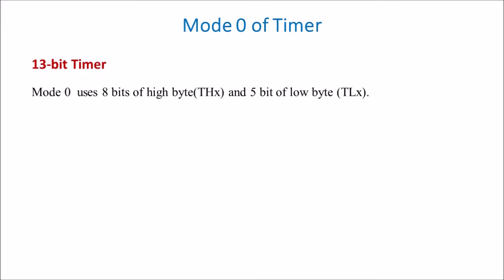Mode 0 of timer. Mode 0 of timer is 13-bit timer. The operation of mode 0 is same as mode 1, only here the timers are 13-bit, whereas in mode 1 timers are 16-bit timers. So here the 8 bits of THx registers are used and 5 bits of TLx registers are used. So total 13 bits are used to count.